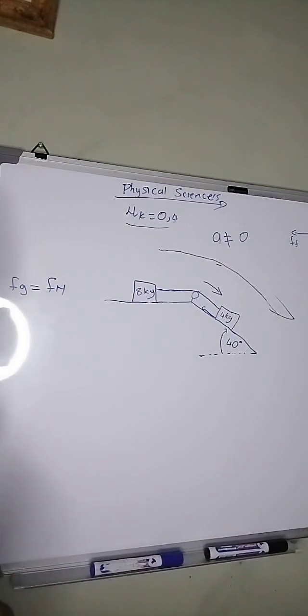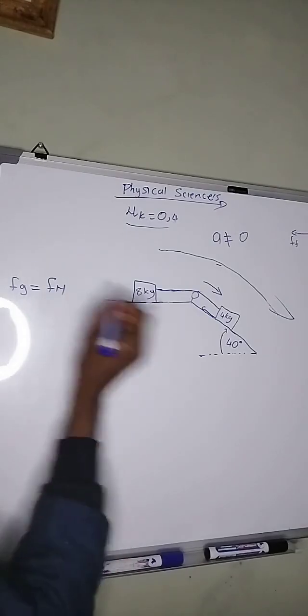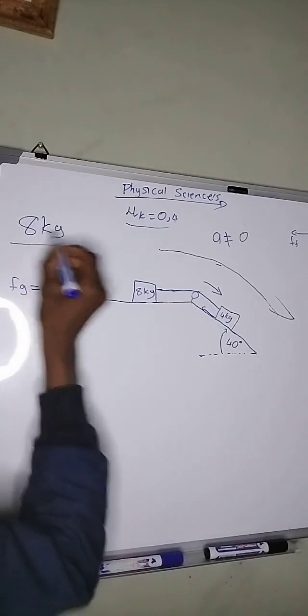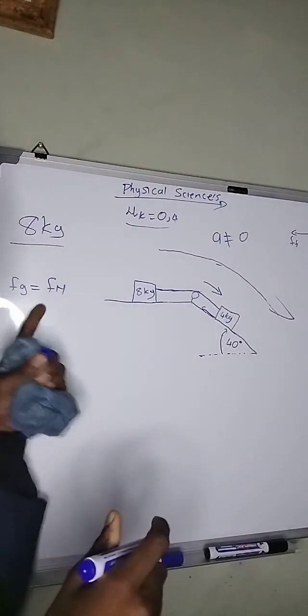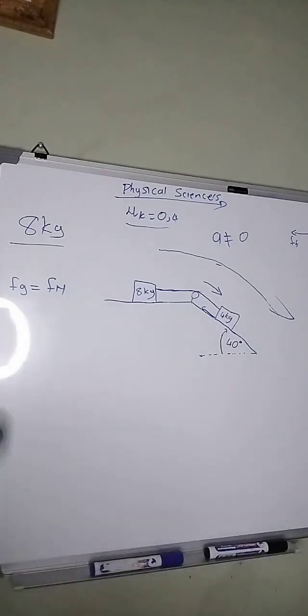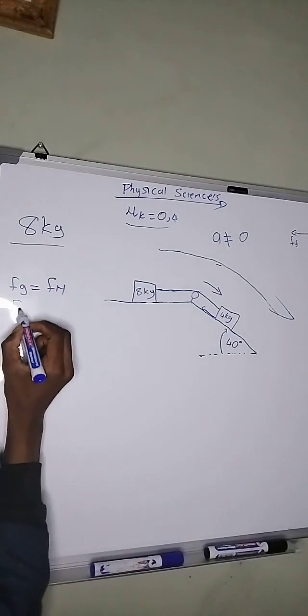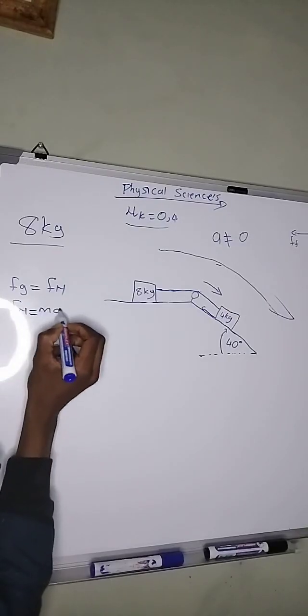Because now we are talking about the 8 kg block. So since I'm having this, I'm going to have my Fn being equal to mg.